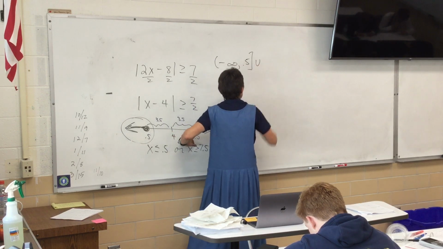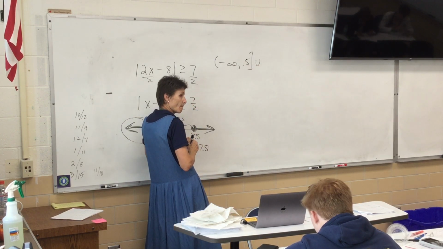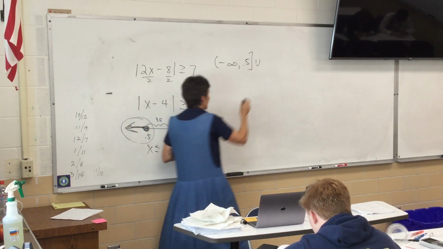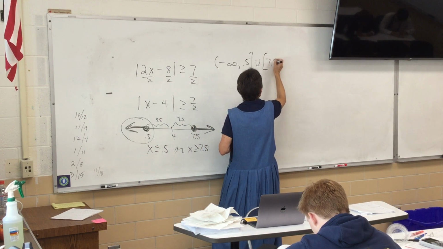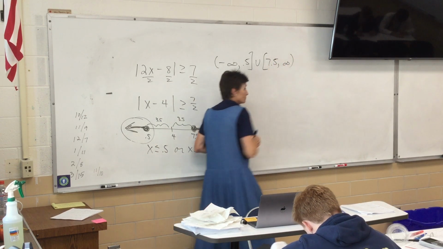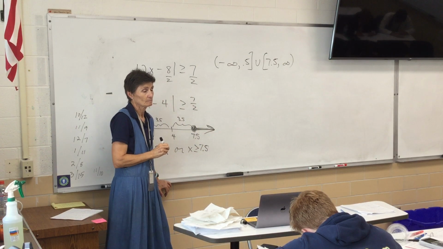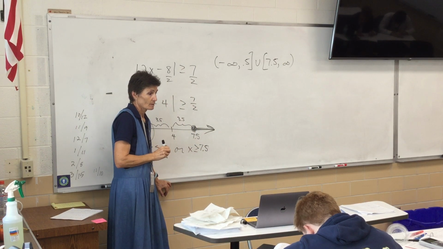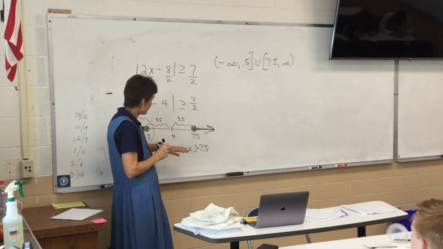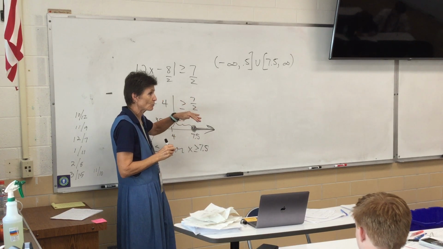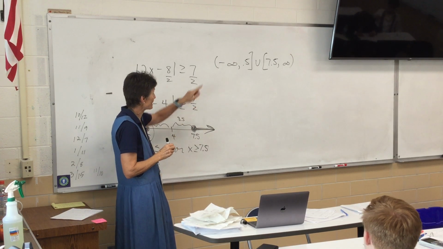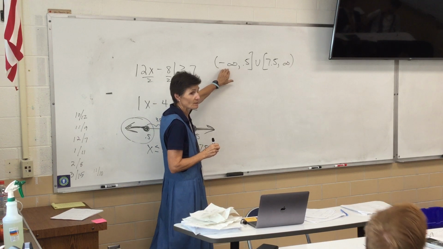The U in between them. Infinity, no, 7.5. Yep, very good. So we will write, it doesn't matter what you write if there's no directions, but if it says answer as an interval, this will be your answer.